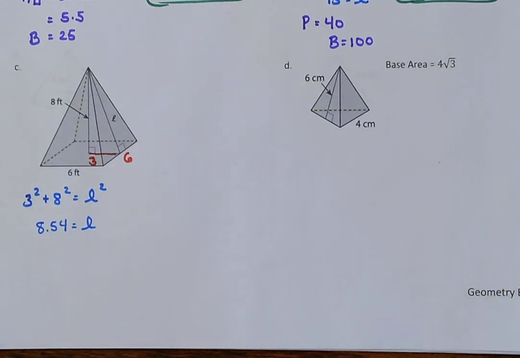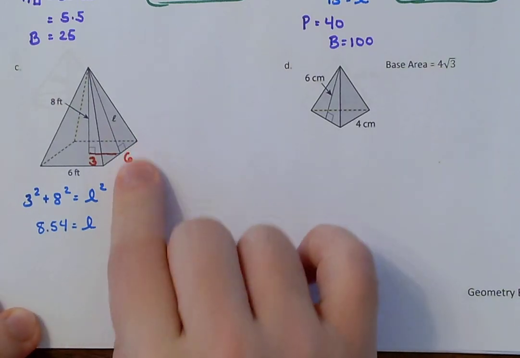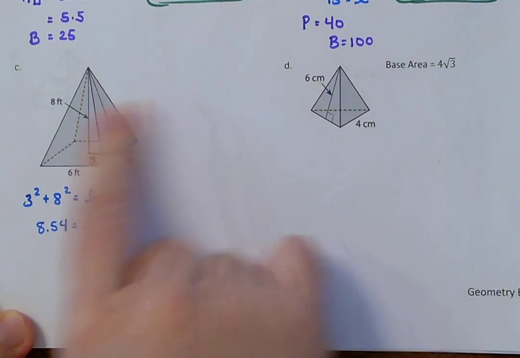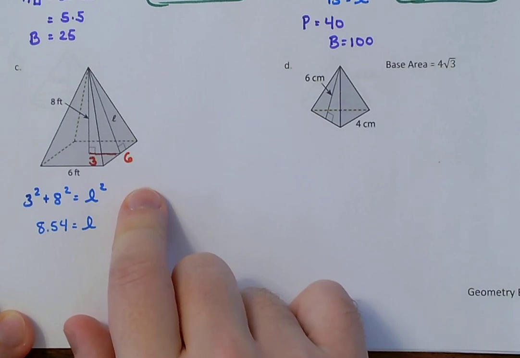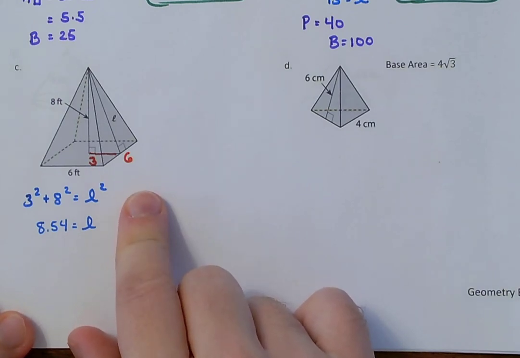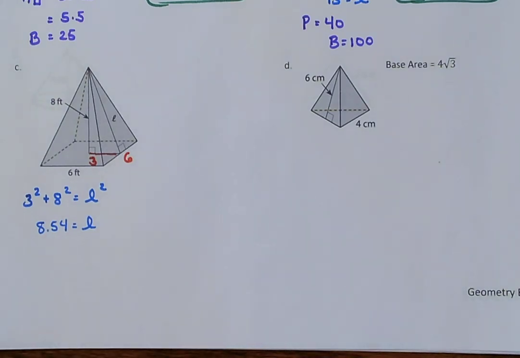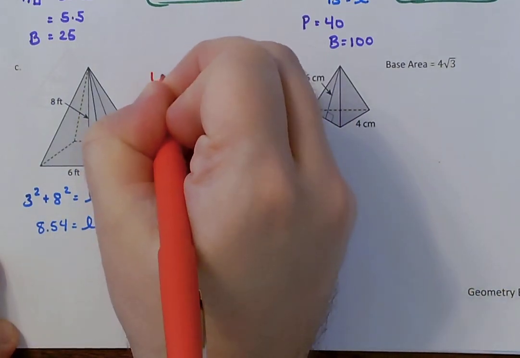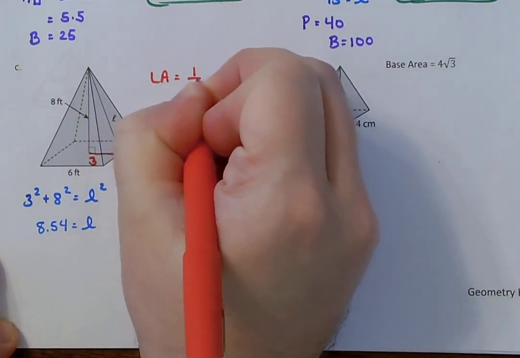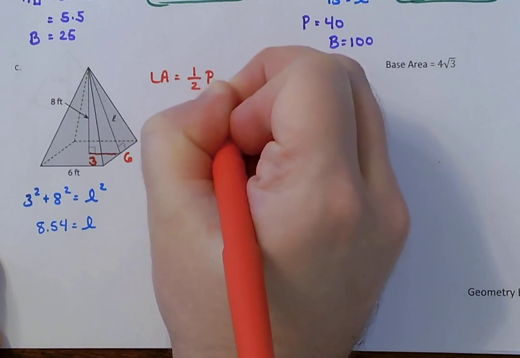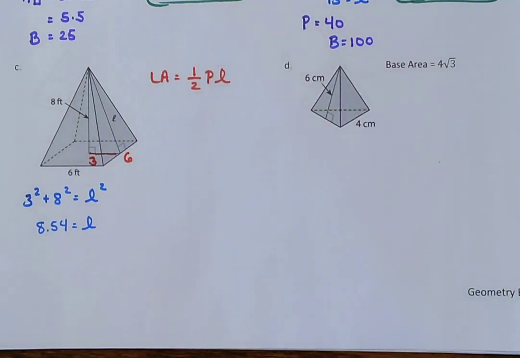Now, from here, I'm going to leave the rest of part C for you to run through and do on your own, if you would like, to see if you're on the right track or if you understand this correctly. Remember that lateral area is 1/2 times the perimeter of the base times the slant height. I've told you the slant height is 8.54.